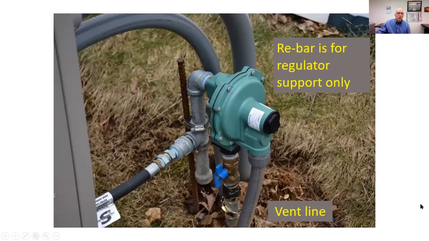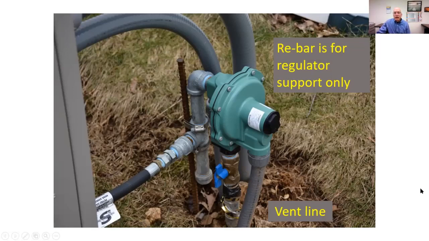And it's important to follow the manufacturer's recommendations on the fuel line coming off. It can't come off and hit a 90, for example. It's got to come off straight. It can't be half inch. It's got to be 3/4, things like that. Make sure you follow the manufacturer's instructions.